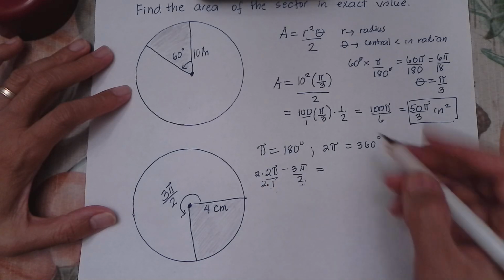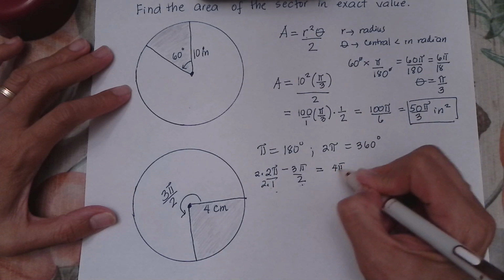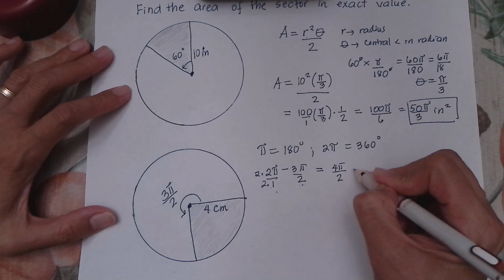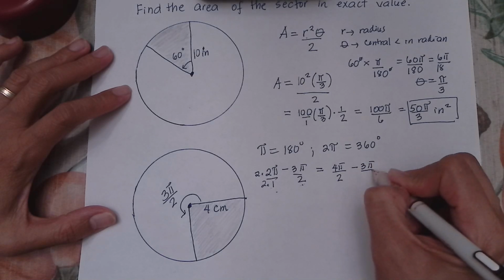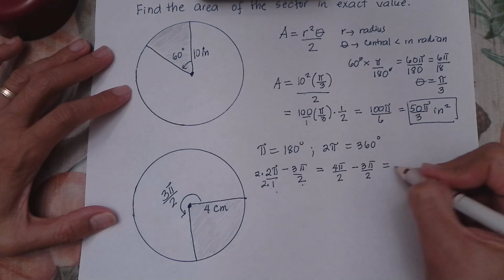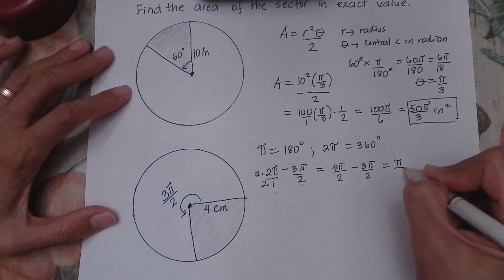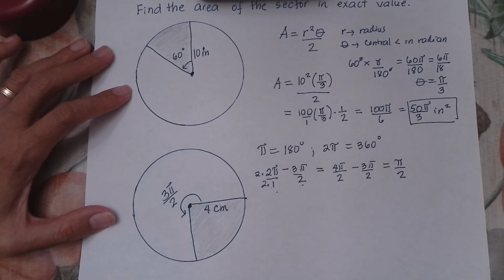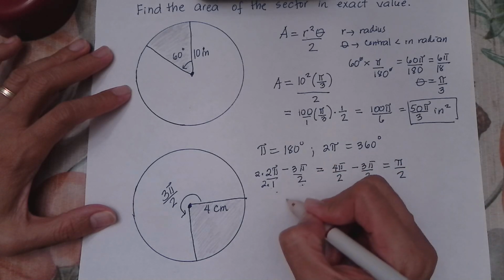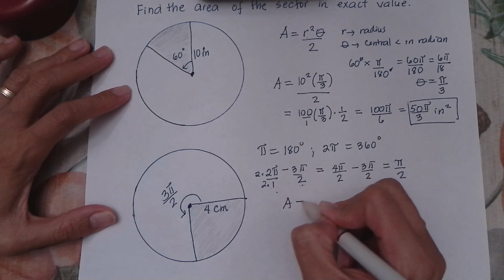So 2 times 2 pi is 4 pi over 2 minus 3 pi over 2. And that is equals to pi. And just copy the common denominator. Okay, so let's compute our area of the sector.